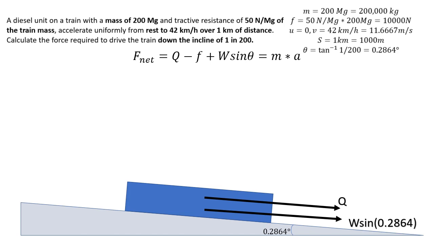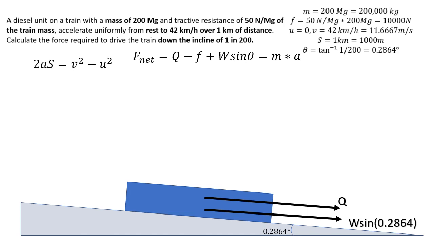Now, since the unit is going down the incline, the weight actually helps it going down. So we add W times sine theta instead of subtracting it like we did going uphill.